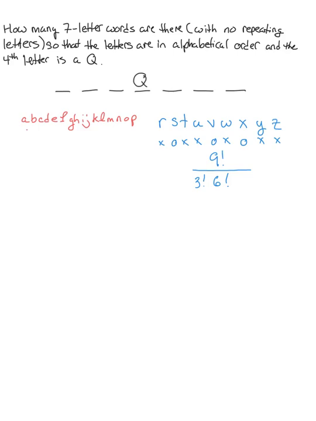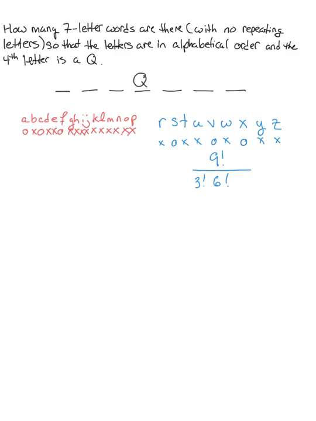So we're going to say O, X, O, O, X, X, X, X. So here on the left-hand side in the red, this means that our 7-letter word is going to have an A, a C, and an F. Okay?